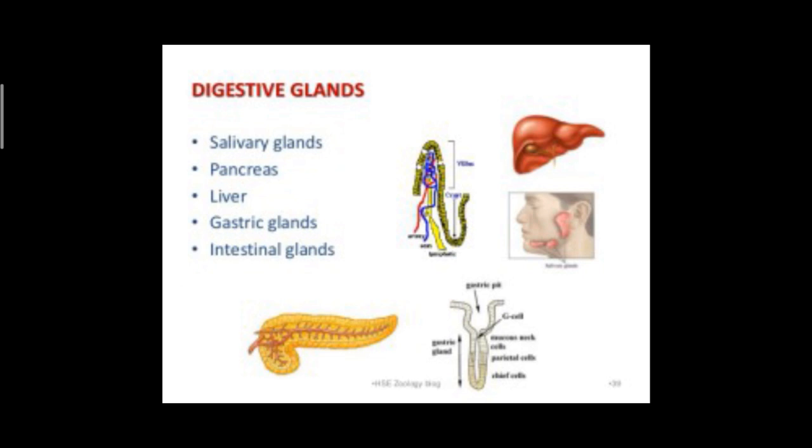So that salivary gland will produce saliva. While chewing, this saliva will help for digestion. The other glands are pancreas, liver, gastric gland, intestinal gland. About these glands we will study in the next class.